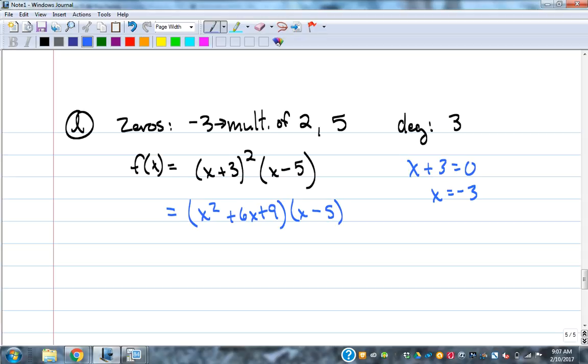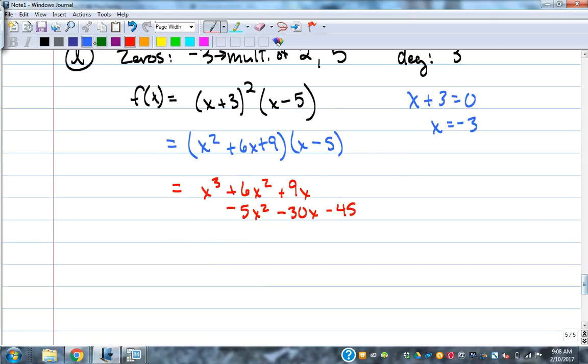All right, and then multiply that back out again. Get x cubed plus 6x squared plus 9x minus 5x squared minus 30x minus 45. Add it up. x cubed plus x squared minus 21x minus 45.